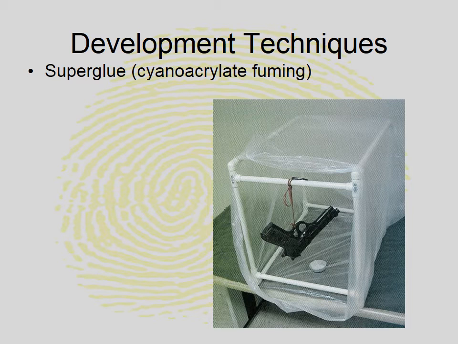What it does is it leaves a nice white fingerprint to examine. It works really well with guns because they have lots of smooth surfaces except for the hand grips, and they're black, so the white really displays nicely. They make professional chambers like this too, but you don't need something that extraordinary. You just have to make a chamber and heat up the super glue.